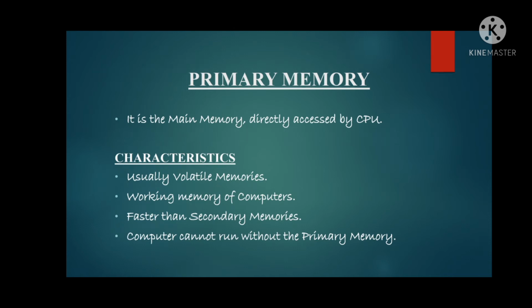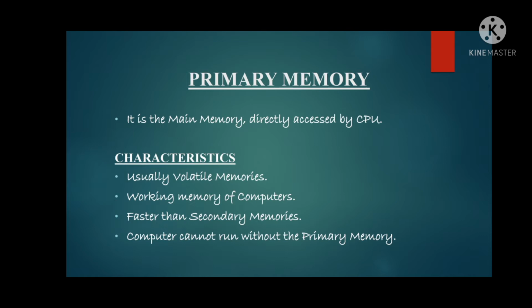Let us start with primary memory. As the name itself says, it's the main memory that is directly accessed by the CPU. Primary memory is computer memory that a processor or the computer accesses first or directly.